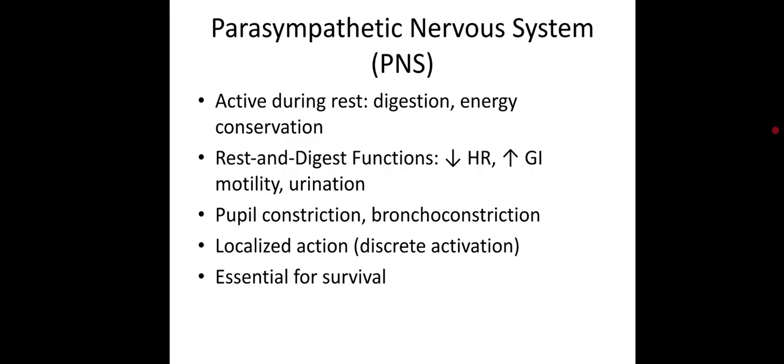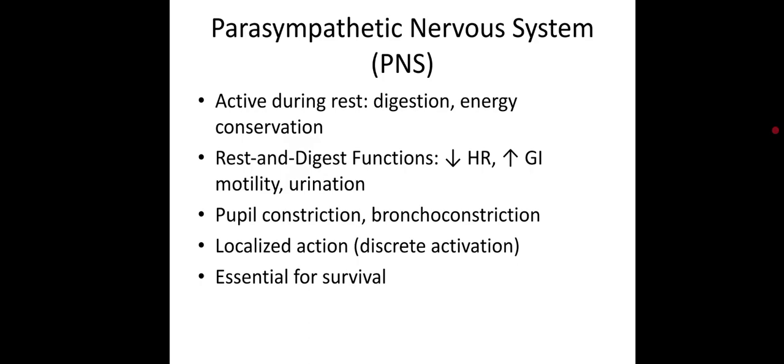This is not a fight and flight response, rather it is a rest and digest response, in which there should be a reduction in the heart rate, meaning bradycardia, an increase in GI motility to start the digestion process again, and urinary retention will be converted into urination. The pupil comes from a dilated state to the constricted state, and bronchodilation is converted into the normal state or the bronchoconstrictive state.